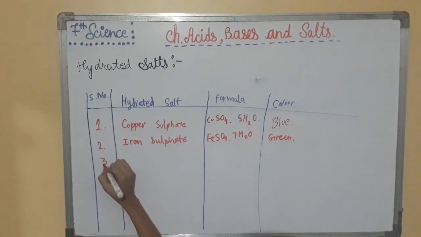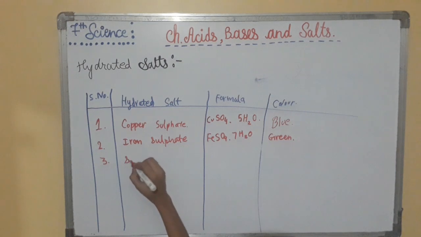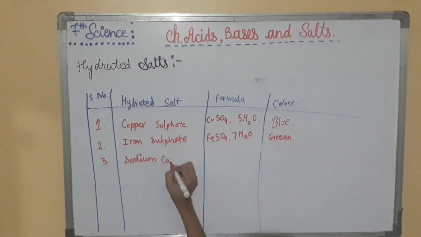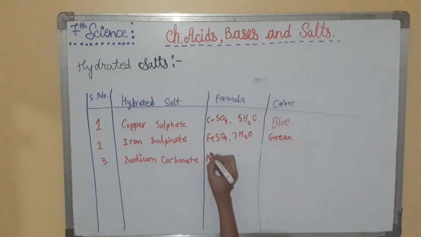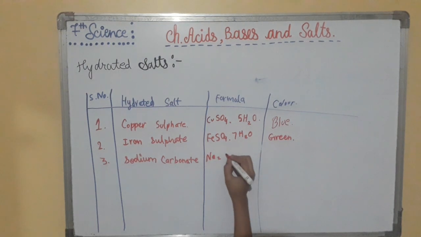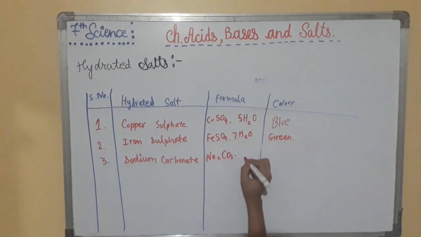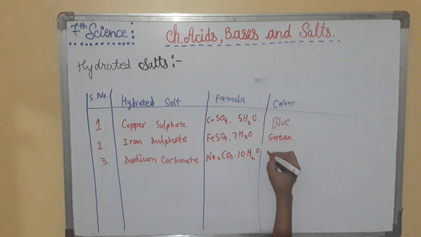Third one is sodium carbonate. Formula of sodium carbonate is Na2CO3.10H2O, and the color is white.